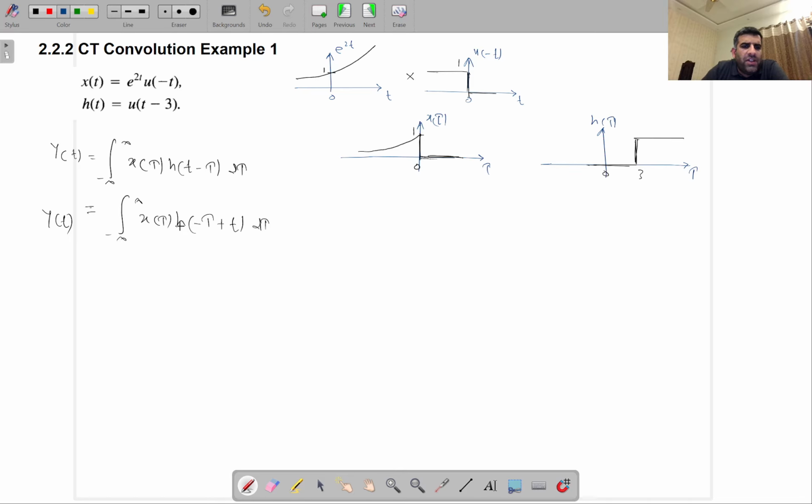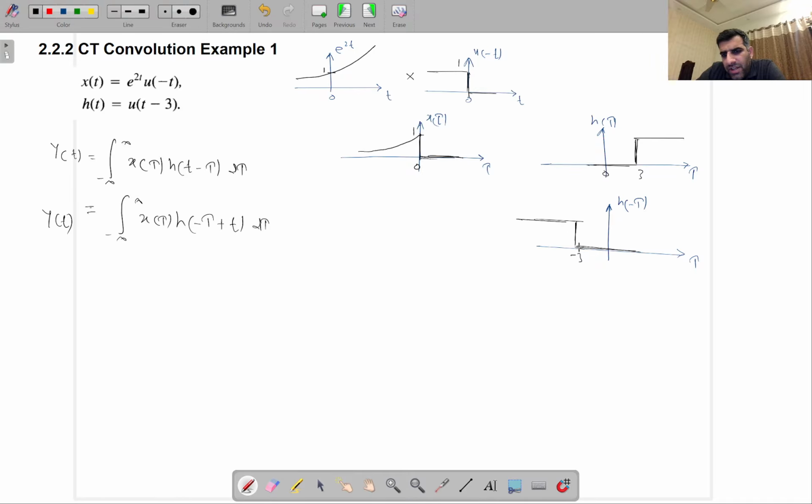Now x of tau is there, and I need to plot h of minus tau plus t. So let's plot h of minus tau first. h of minus tau is going to be such that this 3 point is going to be at minus 3, and the signal is going to be reversed.